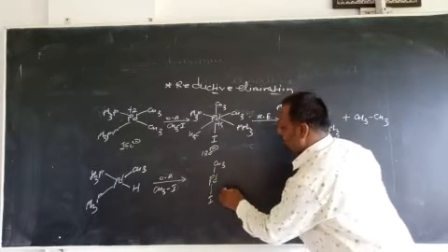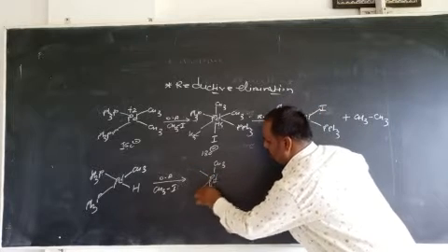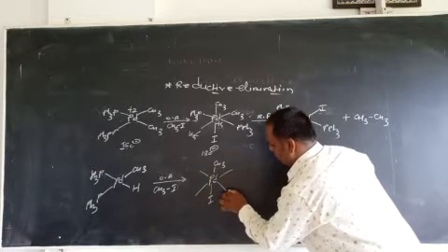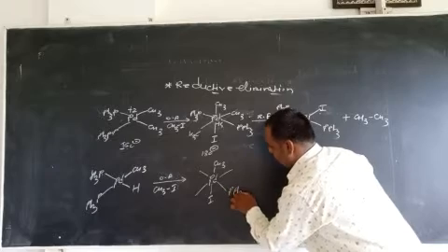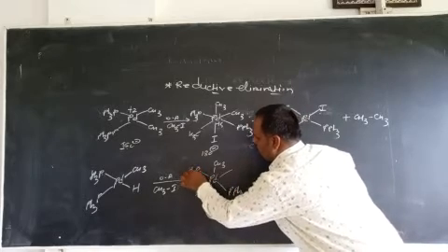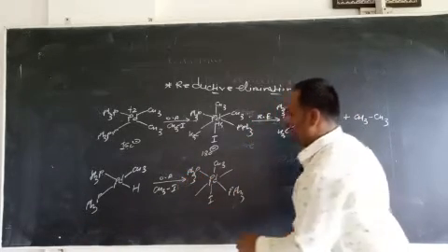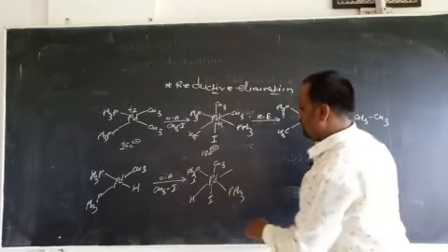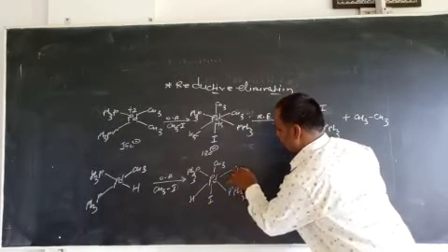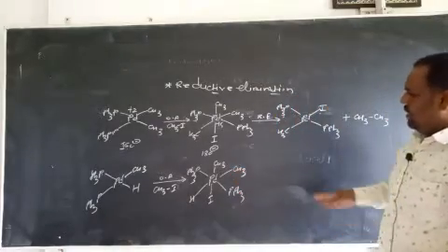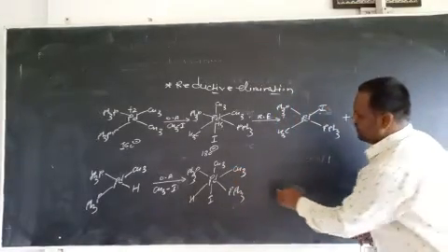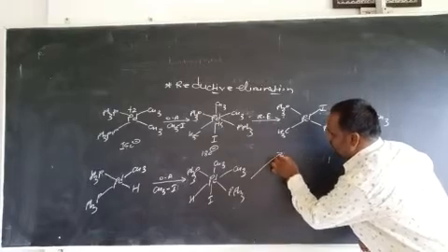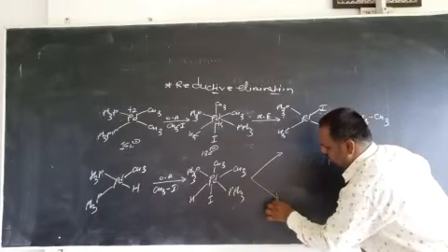ion. Here we get PPh3 thrice. Okay, here one of the hydrogen, here we get CH3. So in this case there are two possibilities of the product.